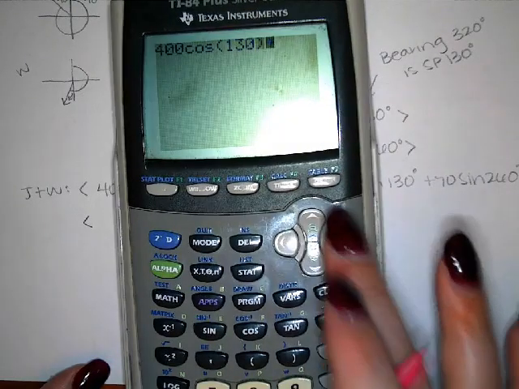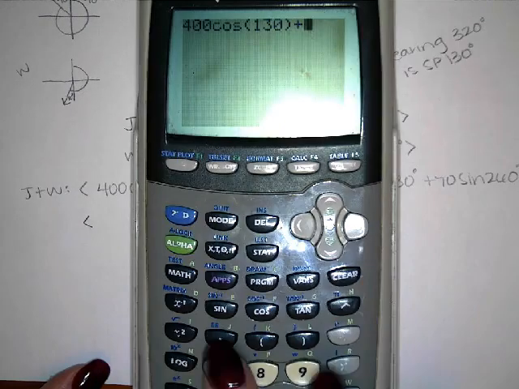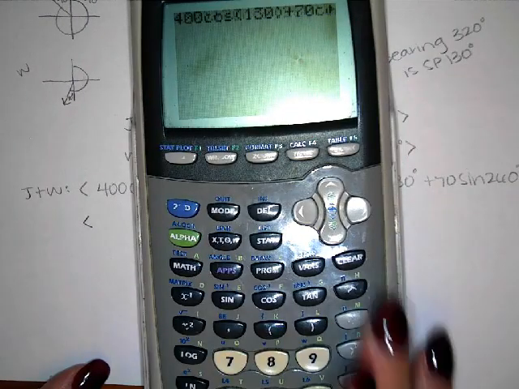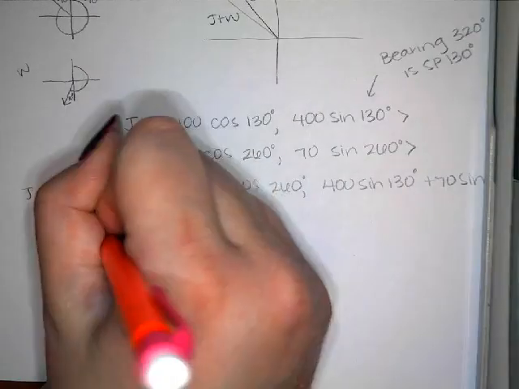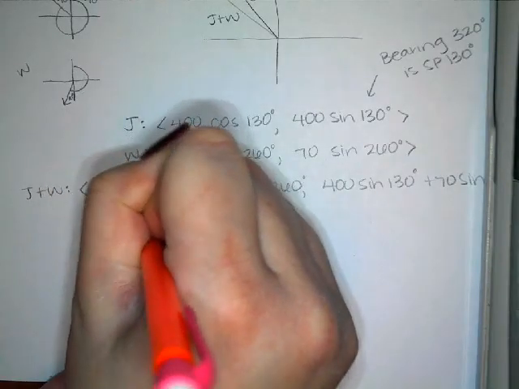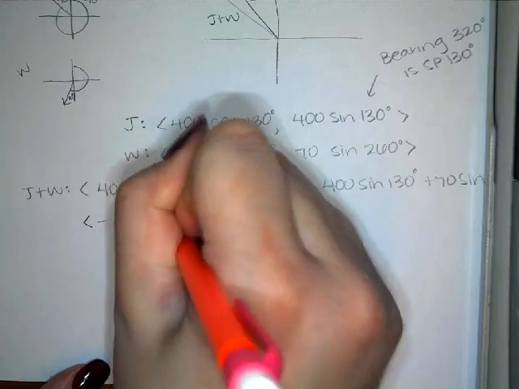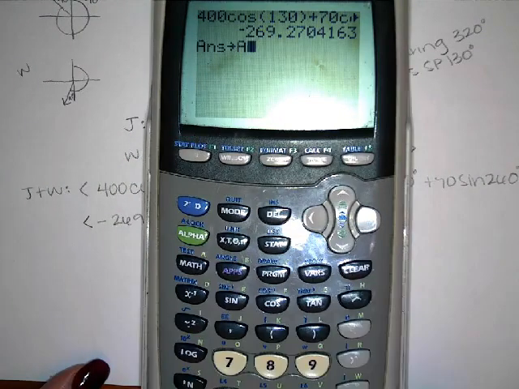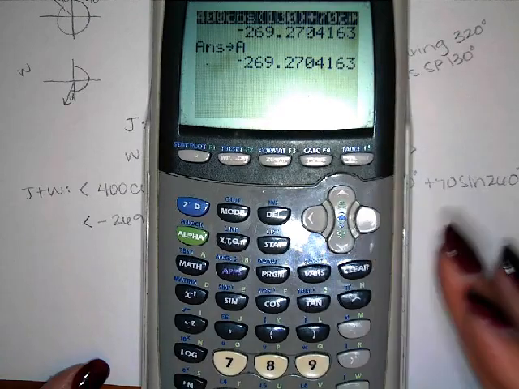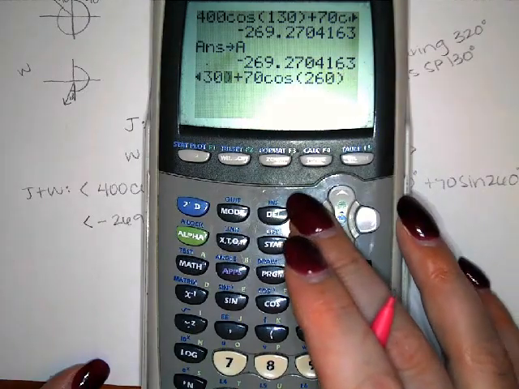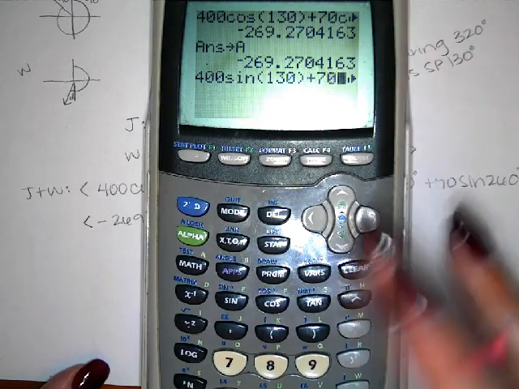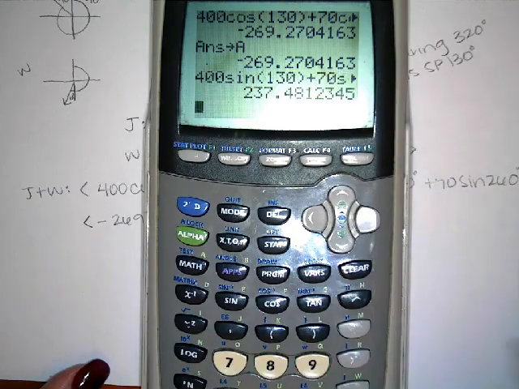And I'm going to go ahead and store that as A. And then I'll type in for the vertical component using sine. Okay, so I've got them both typed in.